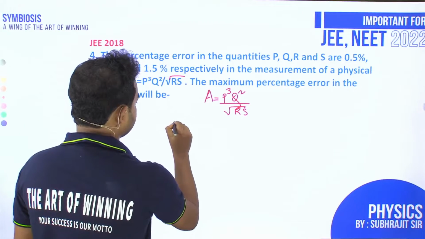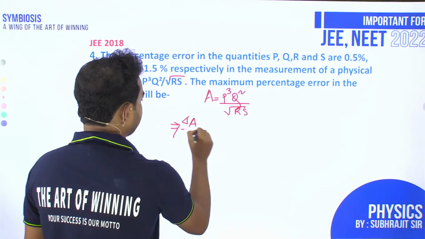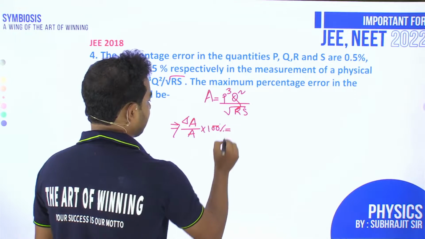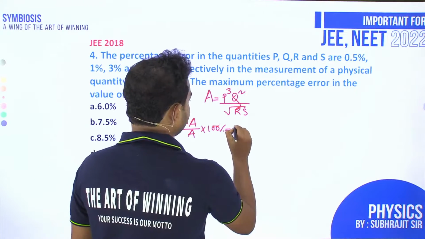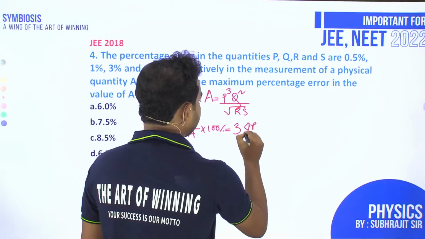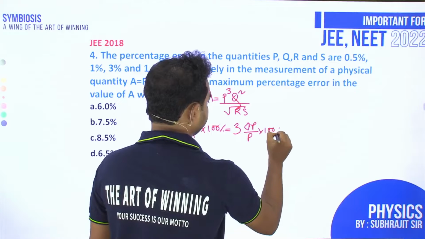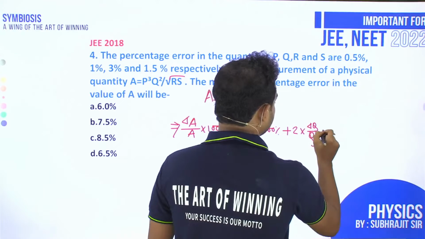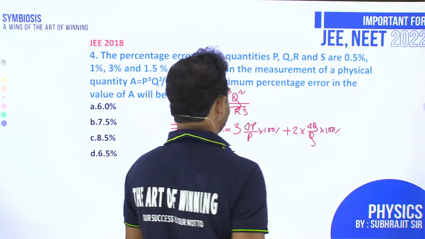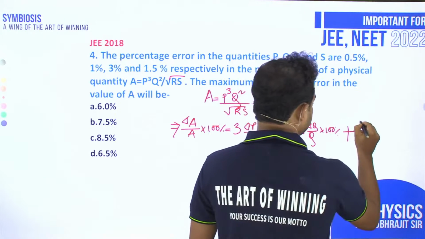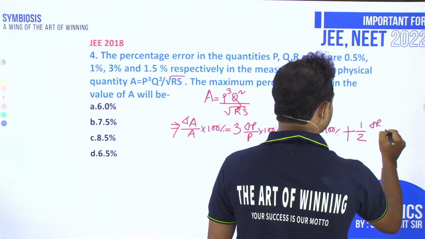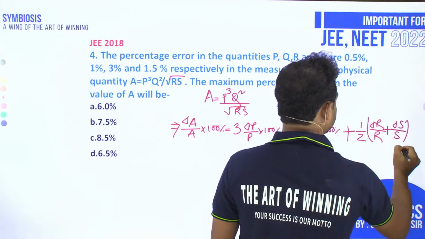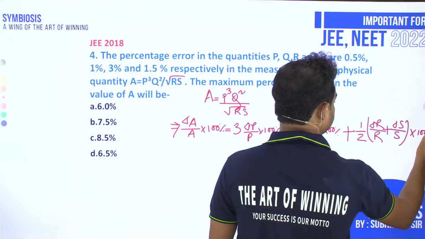Now from here we can write del A by A into 100%, directly, that is equals to 3 into del P by P into 100%, plus 2 into del Q by Q into 100%, plus for root over RS, half into del R by R plus del S by S, into 100%.